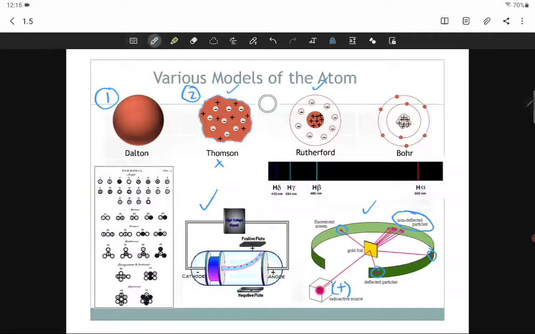So that model held up for a while, and then Bohr came along, and the main thing about Bohr's model, it explained the nature of the electron. And so that looks like maybe planets going around the sun. And there are inner electrons and there are outer electrons. And that model worked out perfect when you used a spectroscope and looked at line emission spectrum.